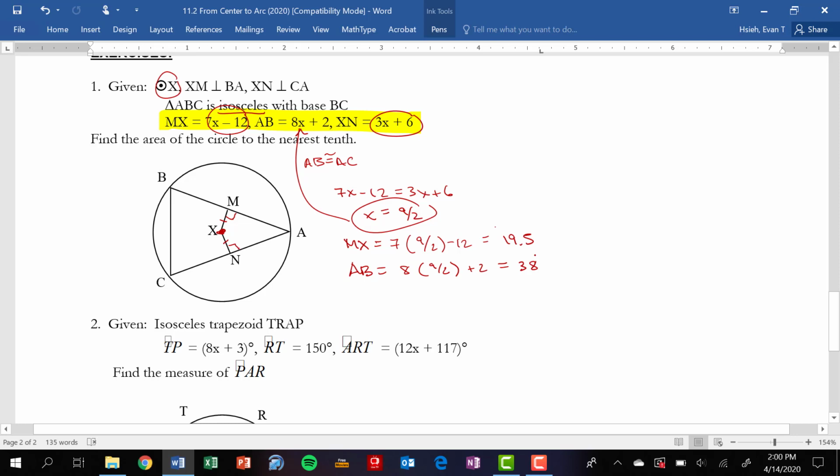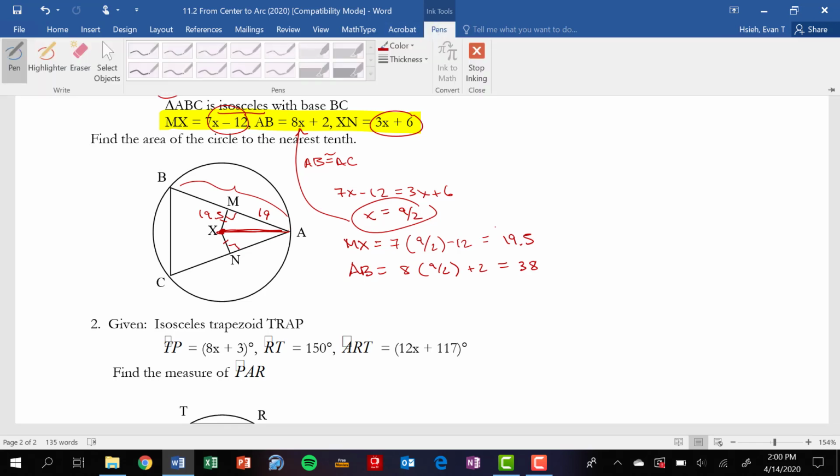So I know that this whole chord here is 38, so this is going to be half of that, from the information in the last section, which is 19. I know that MX is 19.5, and I can do the Pythagorean theorem right here. There's my hypotenuse.